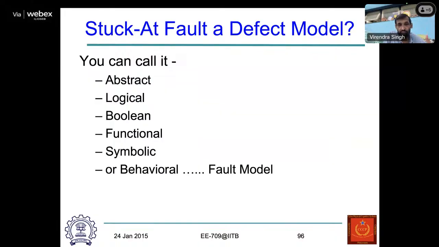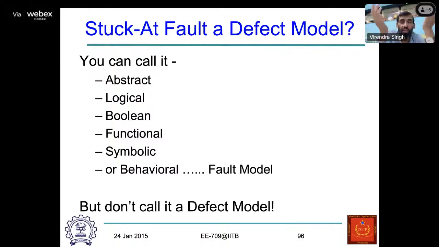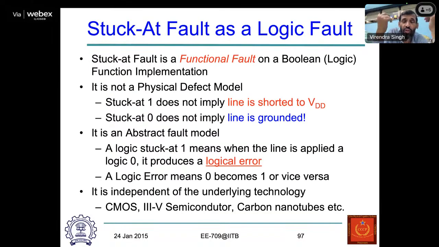Stuck-at simply means a net can be stuck, and stuck to what? In logical terms, it can be stuck either to logic 0 or to logic 1. So what I can model is that any net that I have in my system can be stuck at logic 0 or logic 1. So the stuck-at fault model is a functional fault model on a Boolean function that we are implementing. It is not a physical defect model.